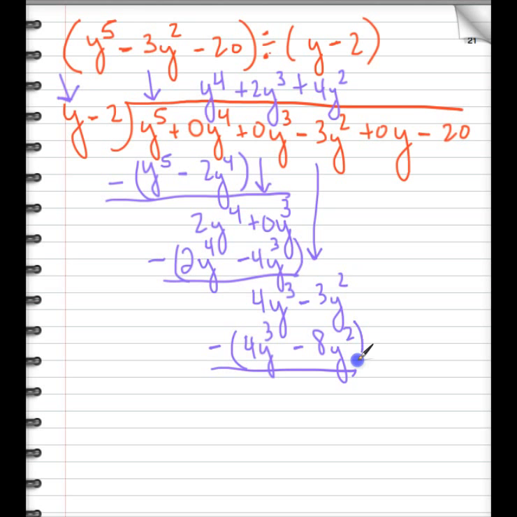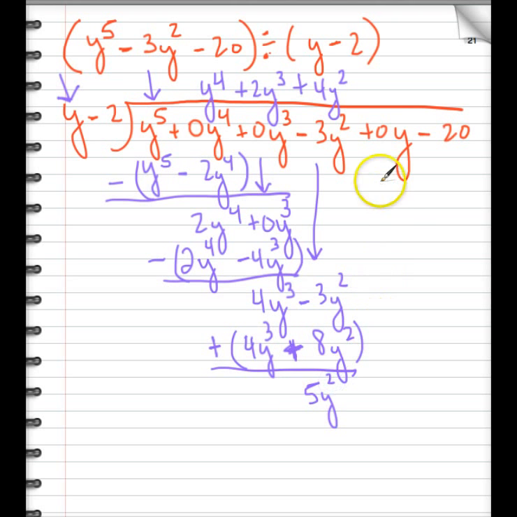Subtract. 4y cubed minus 4y cubed, gone, which has to happen. Now subtracting a negative is adding the opposite, so you have a negative 3y squared plus 8y squared is 5y squared.